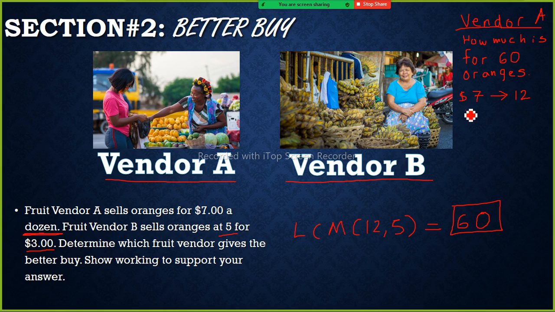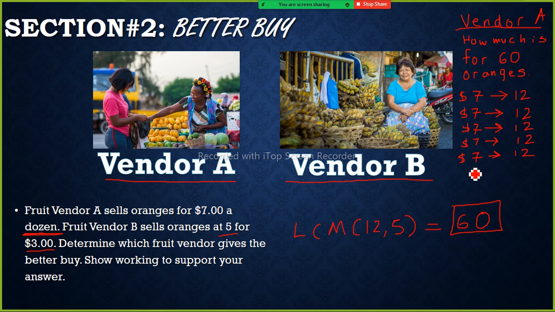And so we need another $7 if we want 12 more, and then another $7 if we want 12 more, and then another $7 for 12 more. So that's 12, 24, 36, 48, and then we need one more again.